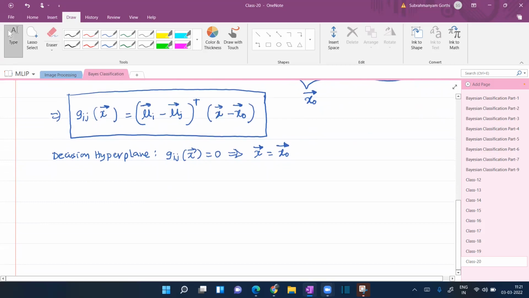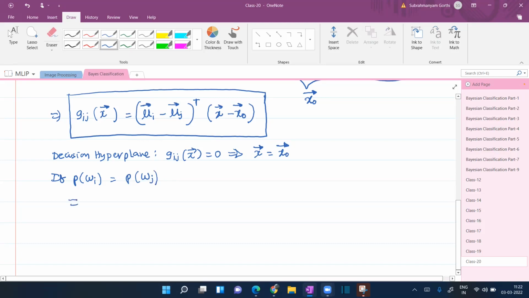Let me again consider a special case where your prior probabilities are equal for both the classes. Assume that your i and j are equal to 1 and 2. If you want to be more specific, you could; otherwise we have not yet considered just two classes. It's all right. You could write even probability of omega i is equal to probability of omega j.